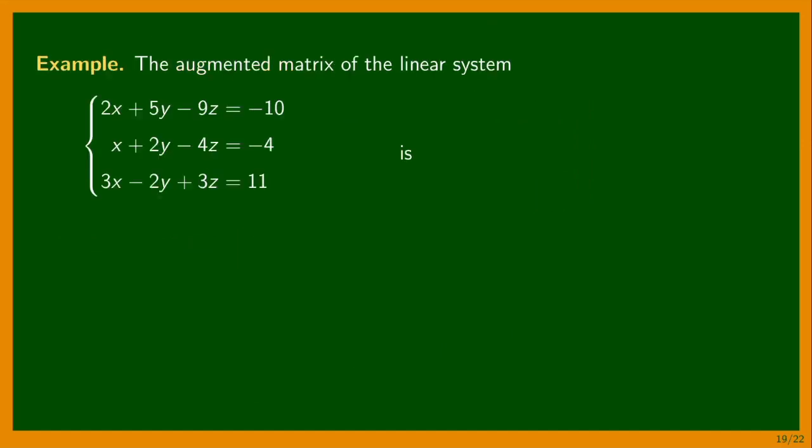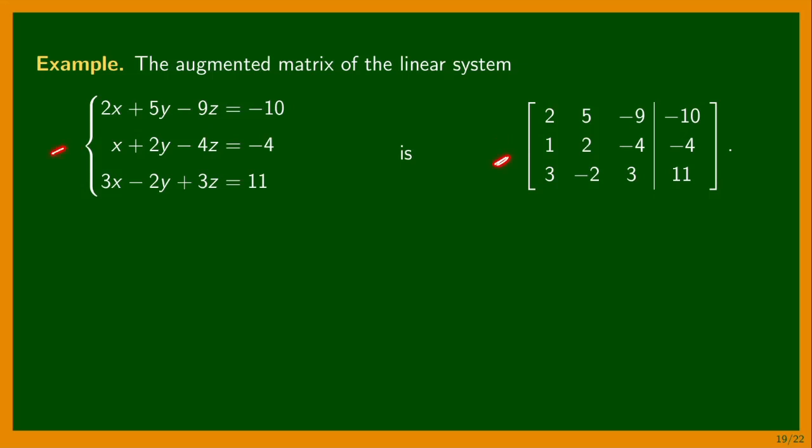For example, this linear system, if we delete the unknowns and let the matrices work for you, it looks like this. This is the augmented matrix of the linear system, right? This is easier to look at than this. And in fact, because it's in matrix form, the computer can easily read this one. This one is machine readable, this one is not. Both are human readable, but a machine prefers something like this over this one.